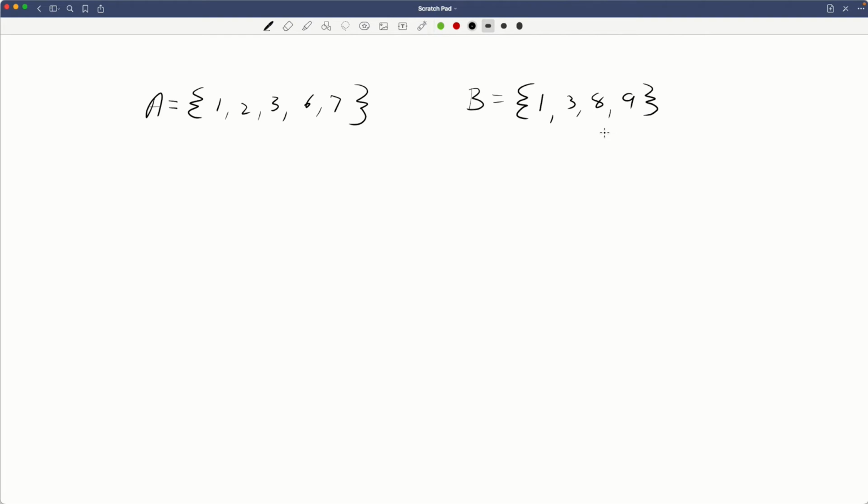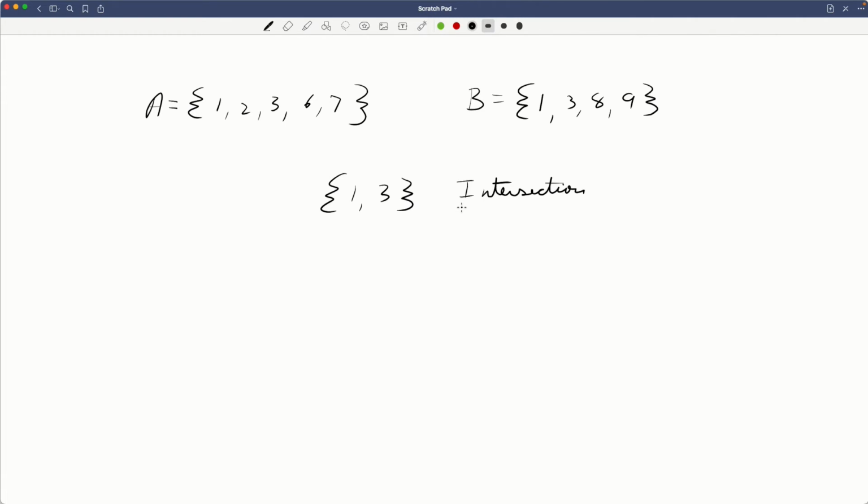So we say that the set {1, 3} is the intersection. That's what we want to talk about. That is, the intersection of these two sets is the members 1 and 3.